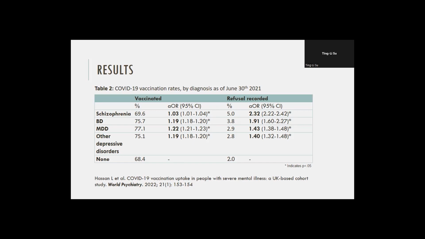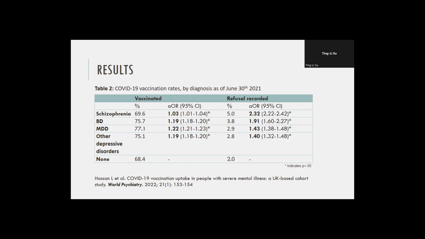We also looked at refusals. Now, this is cases where there's a clear refused vaccination code being recorded in the record. Now, how reliable this data is, how well recorded this is, we don't know, but you can see they're much higher, again, twice as likely amongst people with schizophrenia than people with no mental disorder to have a refusal vaccination recorded in the records.